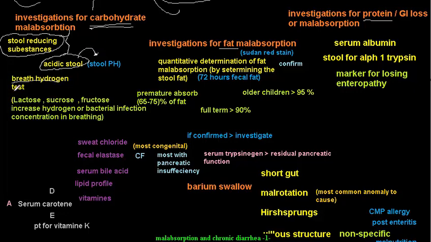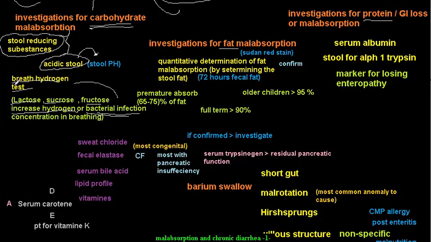Breath hydrogen test. Hydrogen levels in the breath may be increased in multiple cases, okay. One of the most important is malabsorption of carbohydrate, because the presence of lactose, sucrose, fructose in the stool will increase the bacterial hydrogen in the breath. Bacterial infection is also a cause of hydrogen in the breath, okay.